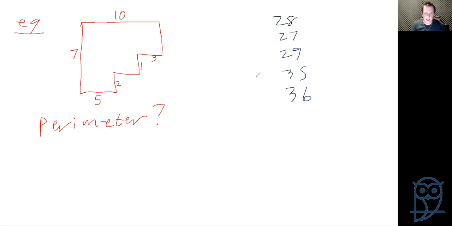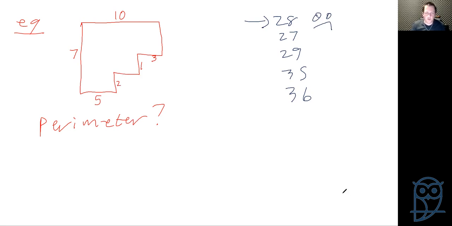So let's have a look. If you take all of these numbers and add them together, you get 10 plus 7 is 17, plus 5 is 22, plus 2 is 24, plus 1 is 25, plus 3 is 28, which gives this answer, which is great, except you'd be completely wrong.